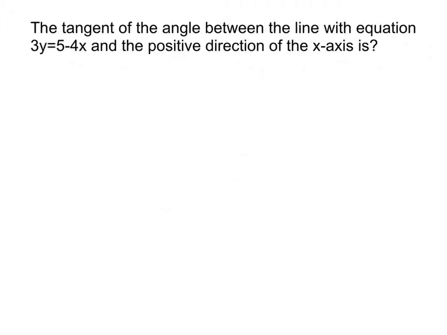Now this is the last question in the multiple choice section. The tangent of the angle between the line with equation 3y equals 5 minus 4x and the positive direction of the x-axis is, the rule we have here is that m, or the gradient, is equal to tan theta.